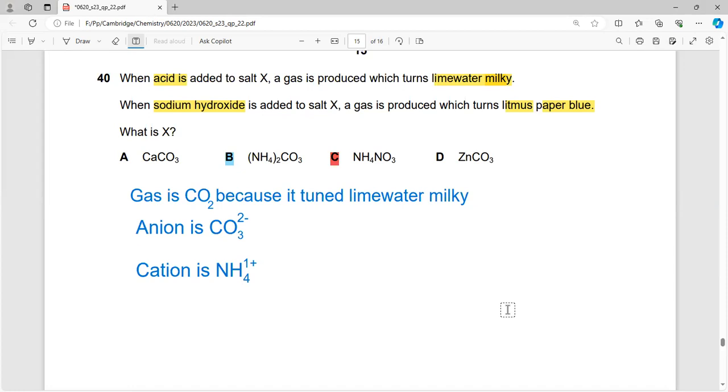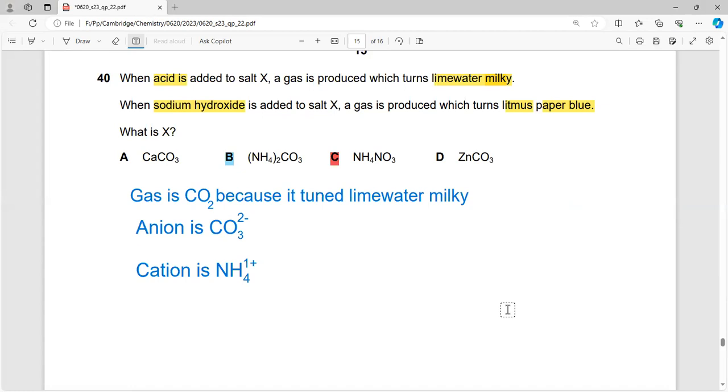Next, when sodium hydroxide is added to the salt X, a gas is produced which turns red litmus paper blue. It means the gas has a basic nature, turning the red litmus paper blue in color. So that's our ammonia.